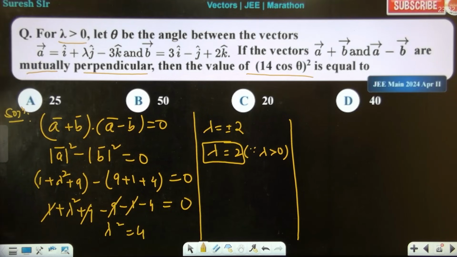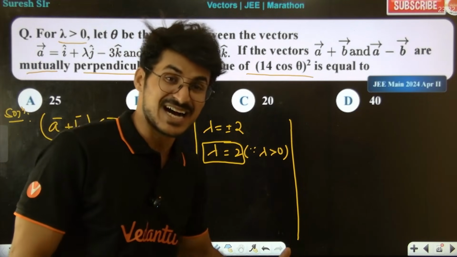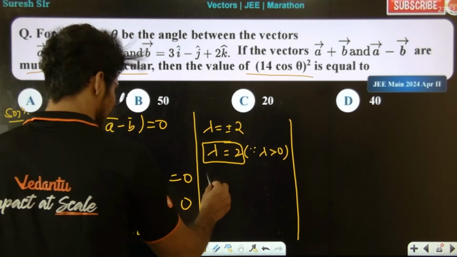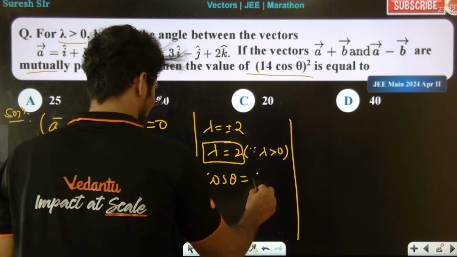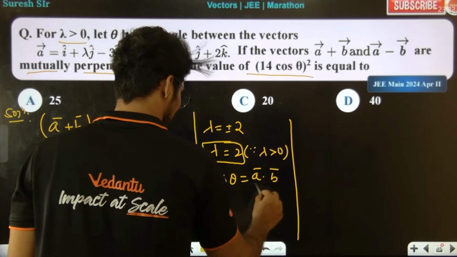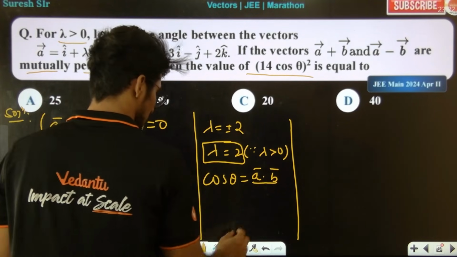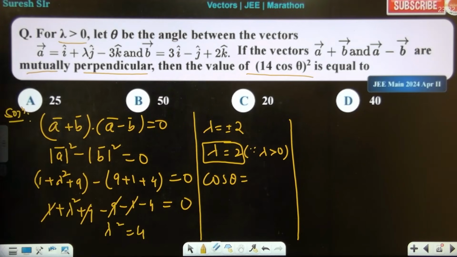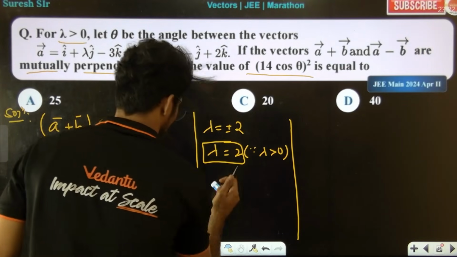Sir, now I have one doubt: how do we find theta? Cos theta. What is the cos theta formula? The dot product of the two vectors divided by the product of their magnitudes. Let us do one thing: what are the magnitudes of A and B? Firstly let me write the A vector.